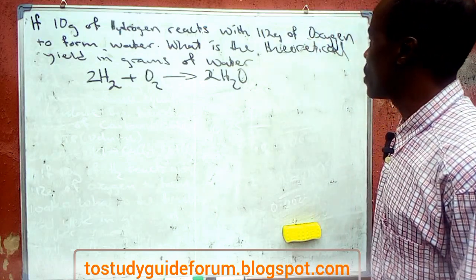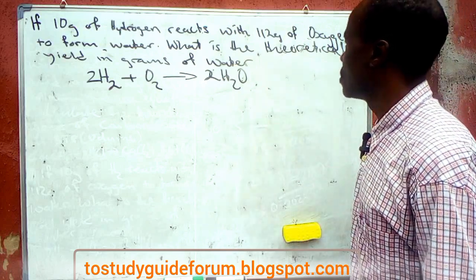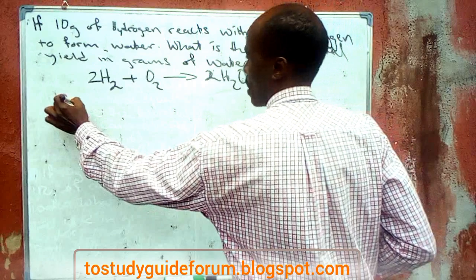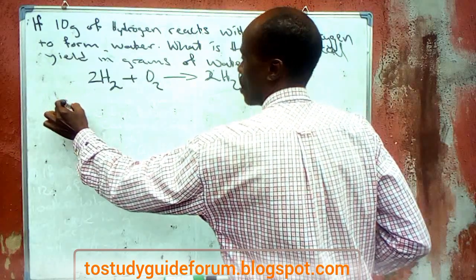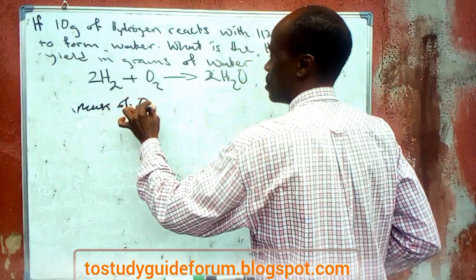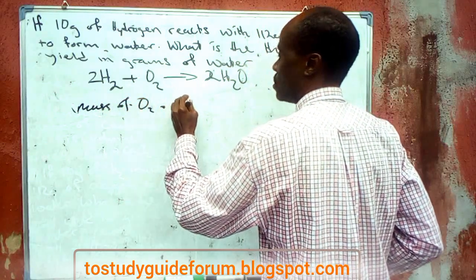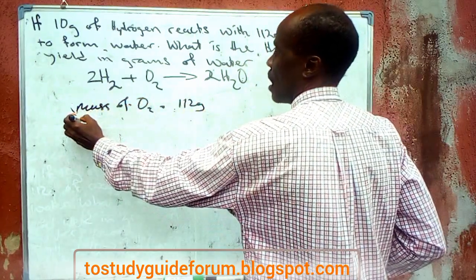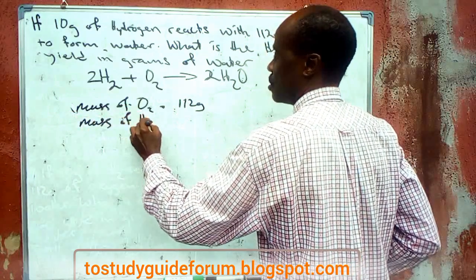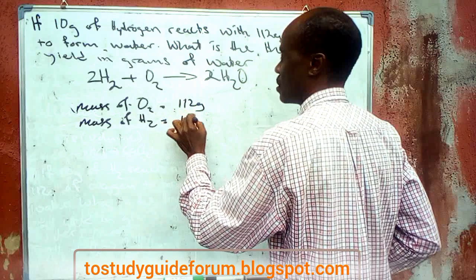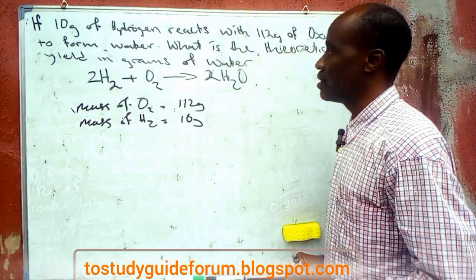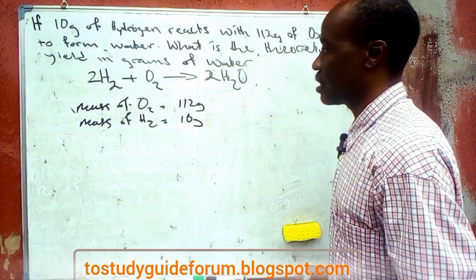Looking at this, the mass of oxygen is equal to 112 grams, and the mass of hydrogen is 10 grams.